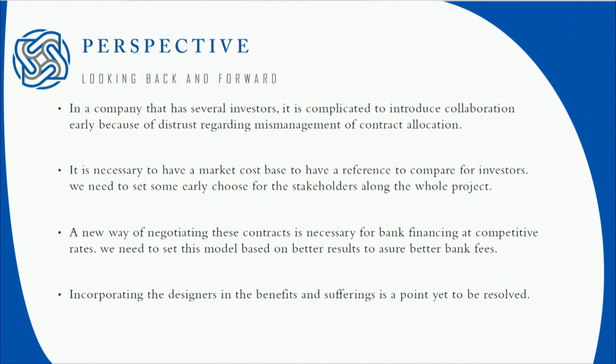We need a new way to negotiate these contracts for the bank, okay? Because the banks give you a fee based on: you always tell me you're going to finish in January, and you never finished in January before. You finish in June, or you always finish later. So you always tell me that you're going to spend 10 million, and you spent 11 million.